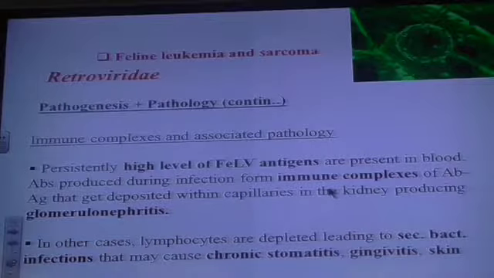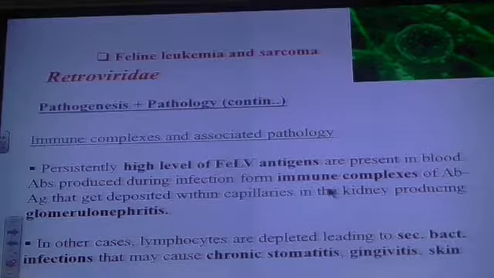Now, one thing which is important, and has relevance also in diagnostic tests, is that once the antigen, the P27 protein, is present in the circulation, or the virus is present in the circulation, immune complexes can form. What this means is that initially when the virus infects, there is a production of antibodies. And when the protein from the virus is released, then the antibody and the P27 form immune complexes.